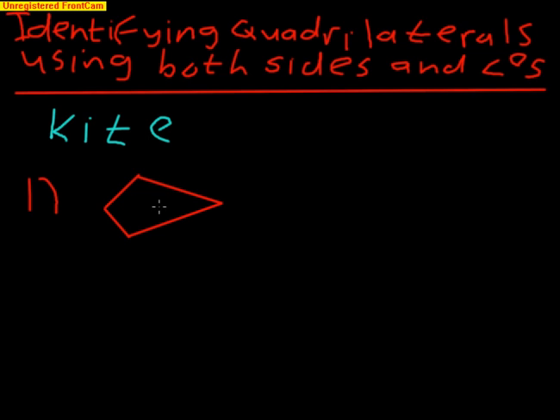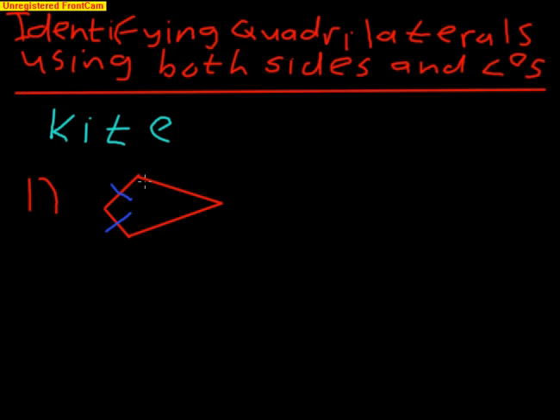A quadrilateral can uniquely be identified as a kite if two pairs of adjacent sides are equal. So both pairs of adjacent sides should be equal. This side here and this side here are adjacent because they form together an angle, and they are equal.